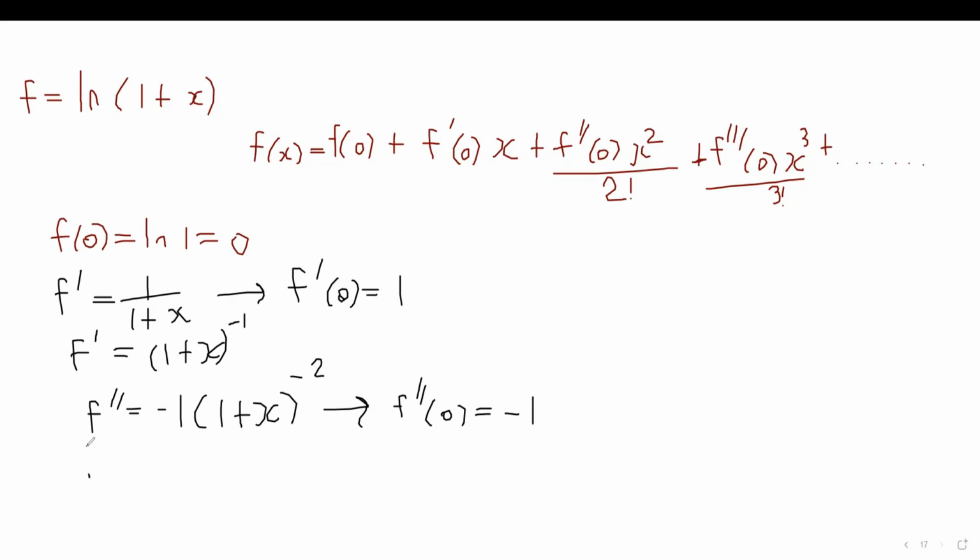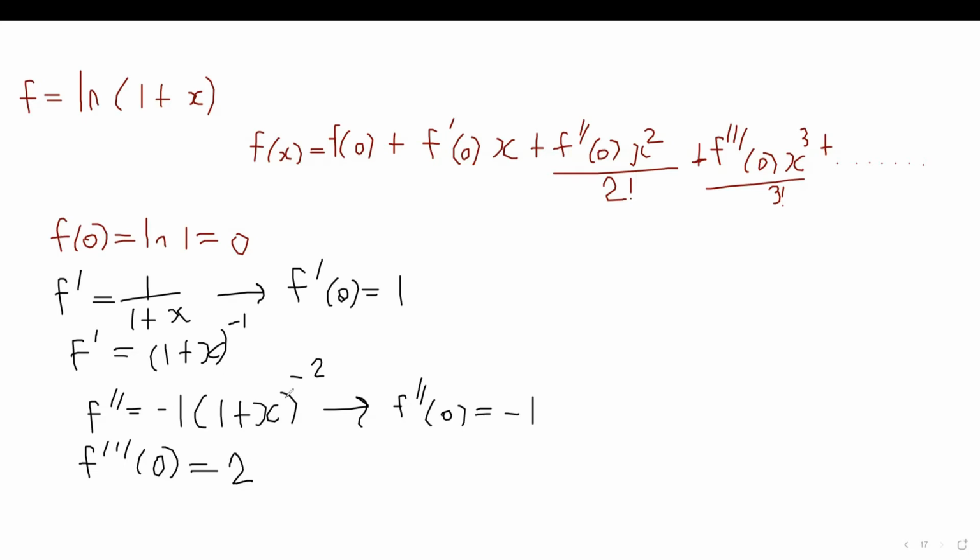Now we need f triple prime. 1, 2, 3, f triple prime of 0. That's going to be equal to, plug in 0, differentiating 5 times for 3 marks, oh my God. But it said the first 5 terms, 1, 2, 3, 4. Oh God. So now we carry down the power.